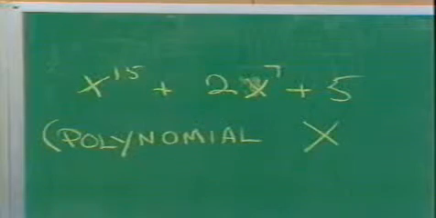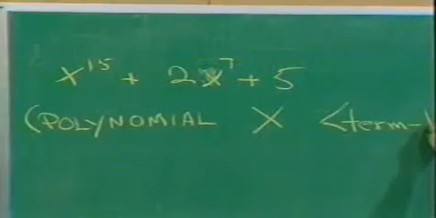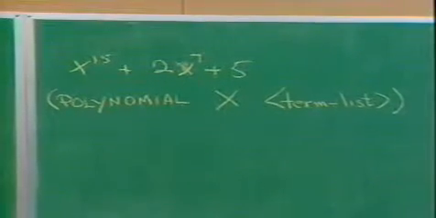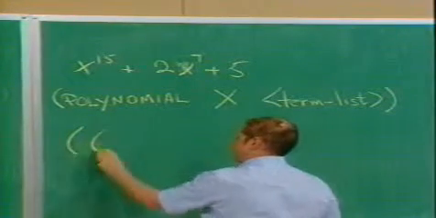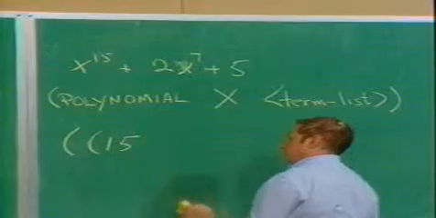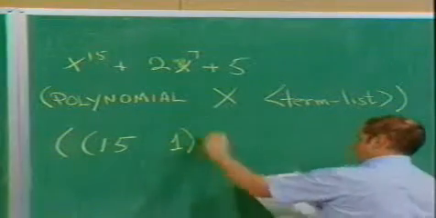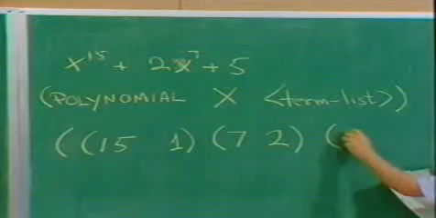And there are just tons of ways to do this, but one way is to say we're going to have a thing called a term list. And a term list, well, in our case, we'll use something that looks like this. We'll make it a bunch of pairs which have an order and a coefficient. So this polynomial would be represented by this term list.